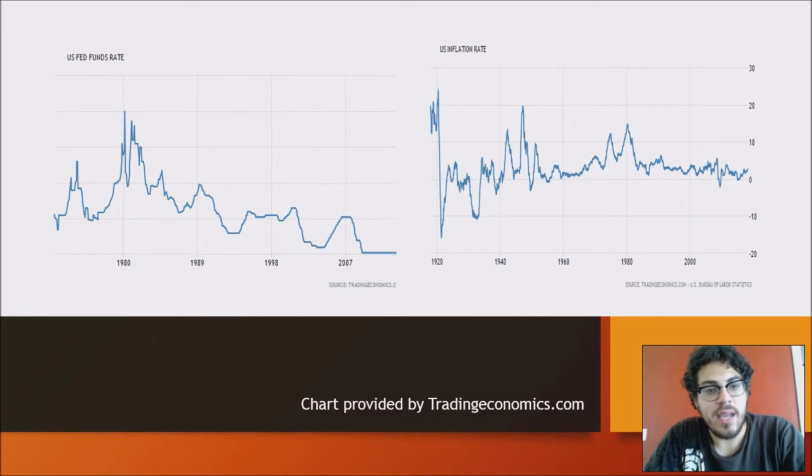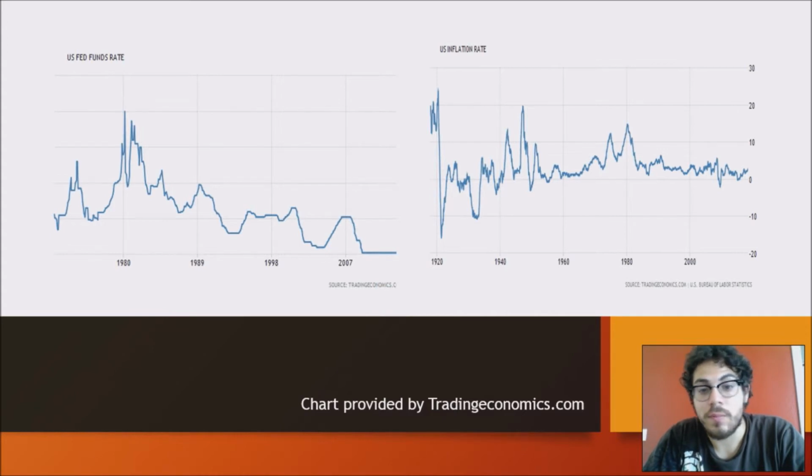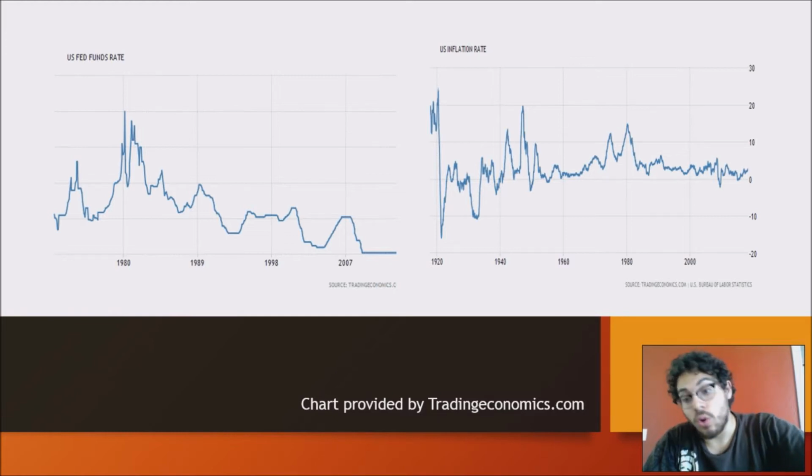As you can see, 1980 was a big year. Inflation was at 20%, and interest rates were at the highest point. For the past 10 years after the Great Recession, our interest rates have been so low, at the lowest ever, for 10 years straight.